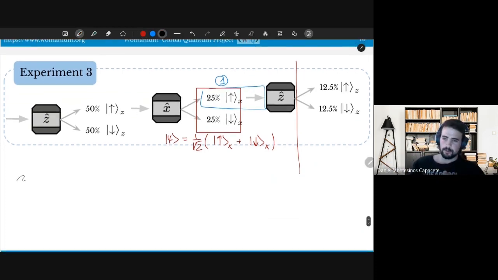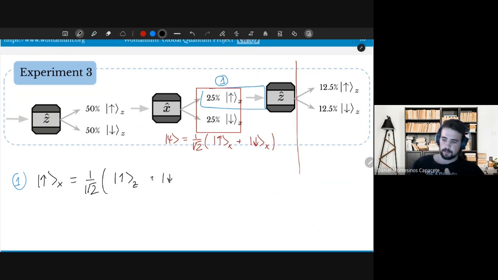Let's be quick because the clock is running, right? So if you go to this one, we take just the up ones, and you measure along the theta direction. You have to write this in the other basis, but the vector is the same. You can check this here.